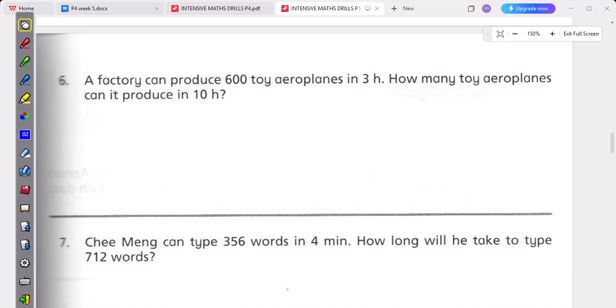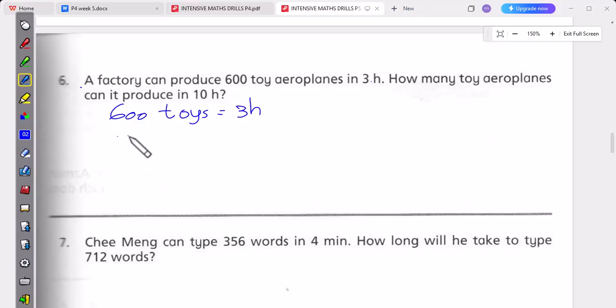So here the question, we need to find the information from the question first. From the first sentence until this, we know that a factory can produce 600 toy aeroplanes in 3 hours. So we change this statement into the model. 600 toys equal to 3 hours. Then the next question, how many toy aeroplanes can it produce in 10 hours? So from here we got the question, and the question we have to change into the model as well.